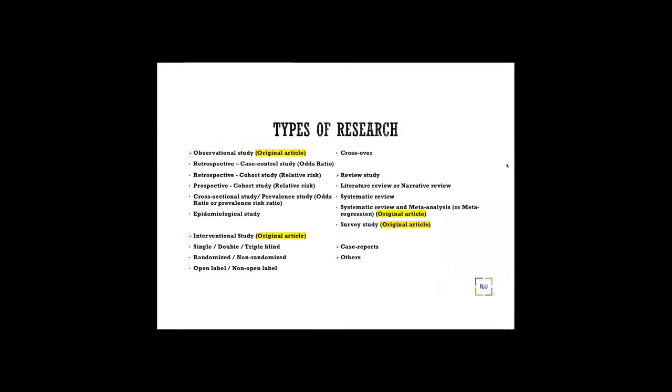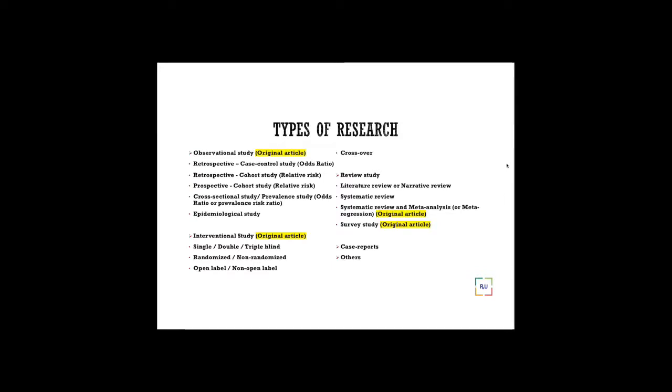Observational studies are studies where there will be no intervention going on. Basically, you are collecting, or will be collecting, or had collected the data, and you are simply retrieving those data back and analyzing them, and you are checking your aim, objective, and hypothesis, whatever you wish to see.